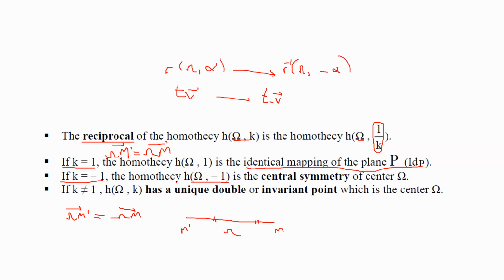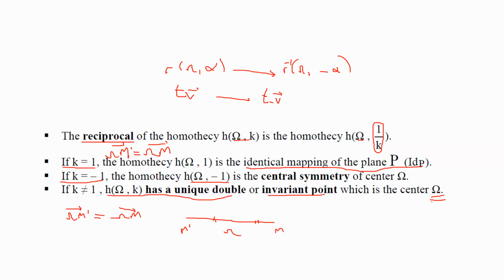Now, what is the invariant point or the double point? H omega k has a unique double or invariant point, which is the center omega. As with rotation, the invariant point is the center.